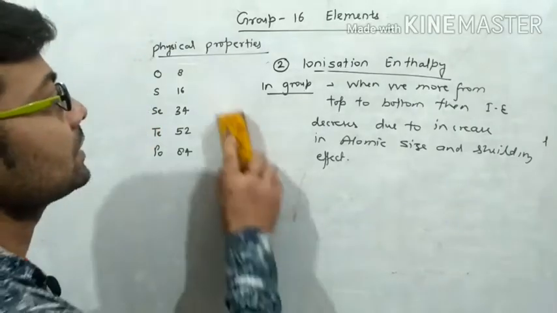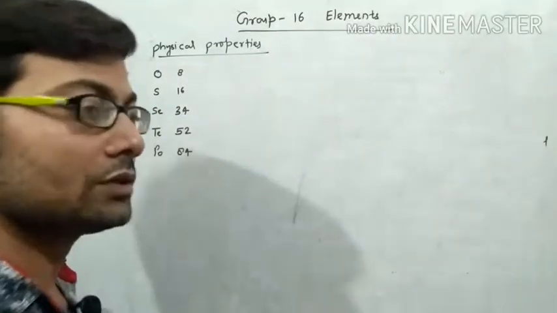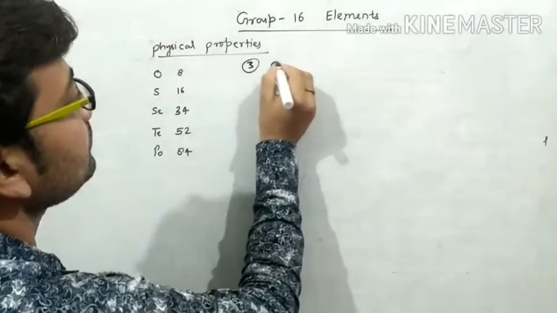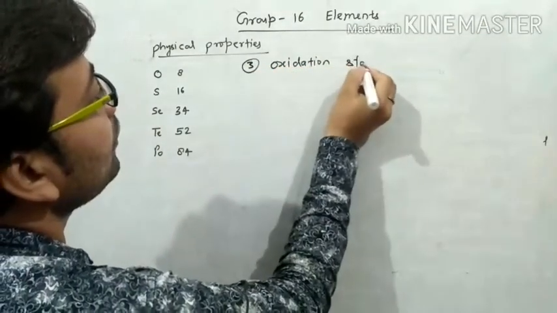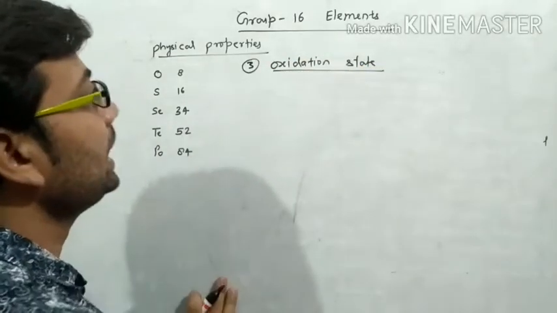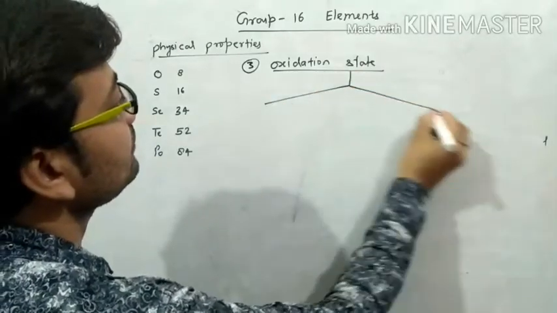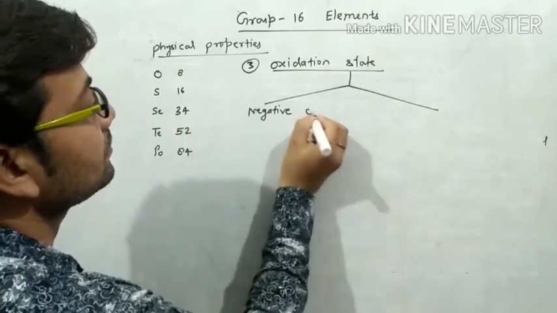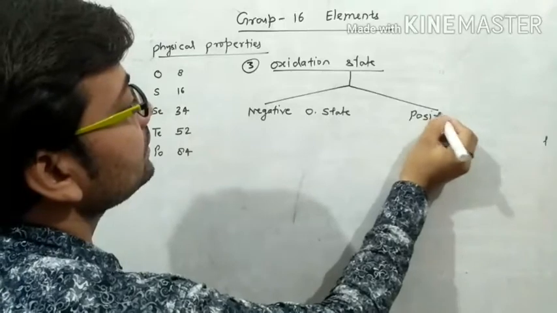Now we discuss the third physical property, the oxidation state. These elements show basically two types of oxidation state: negative oxidation state and positive oxidation state.